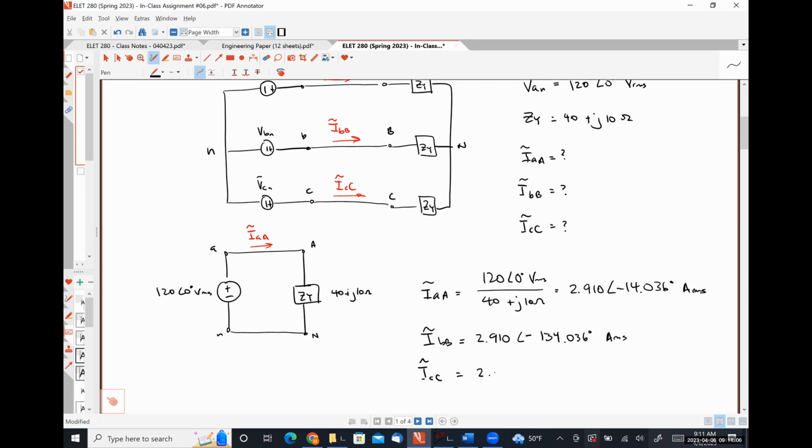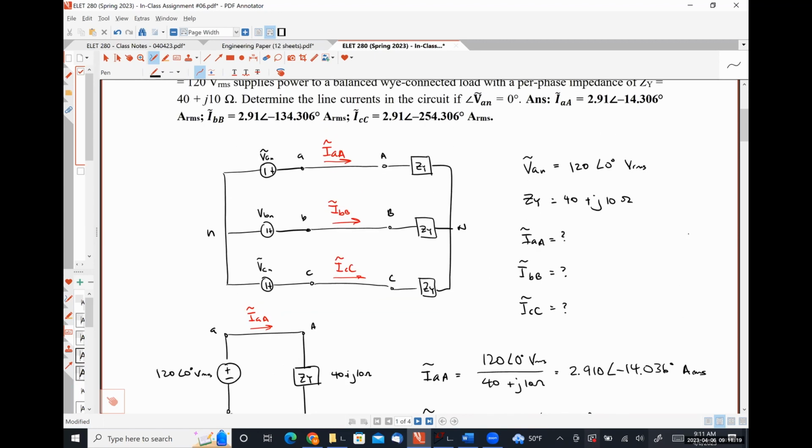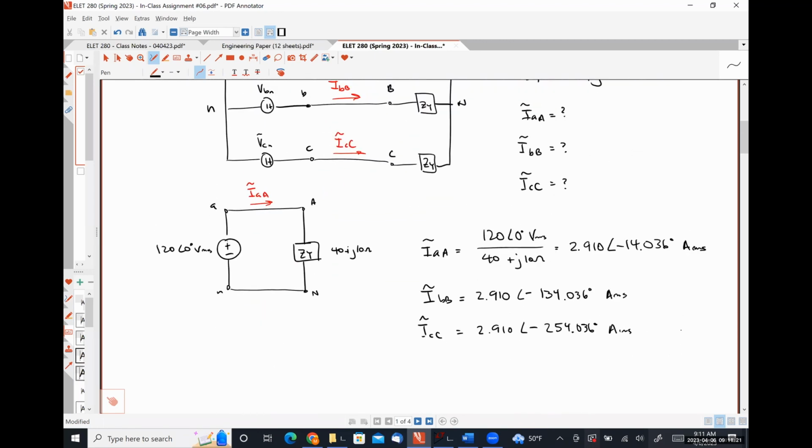And ICC will be 2.910 with an angle of negative 254.036 degrees. If my mental math is correct of subtracting 120, looks like it is. Now, this was a pretty trivial circuit, but we have analyzed it nonetheless using that single phase equivalent circuit.